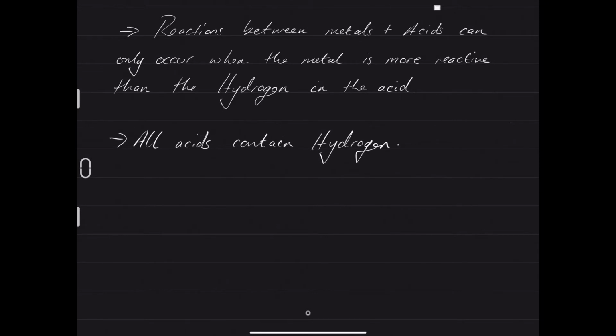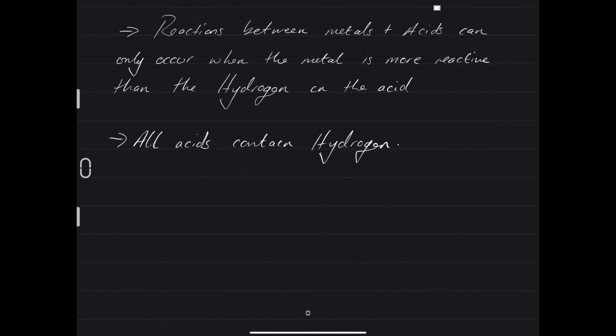This is why we have to refer to hydrogen in our reactivity series. And the hydrogen, when we're dealing with acids, is released in an ion form when dissolved in water.